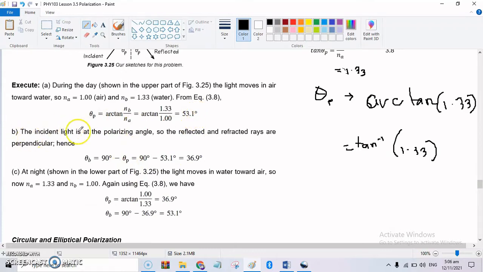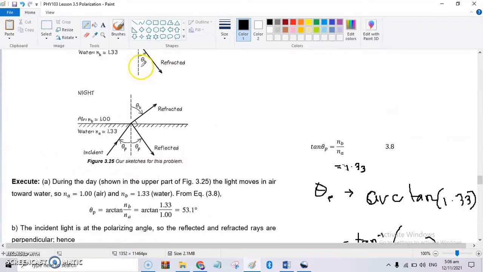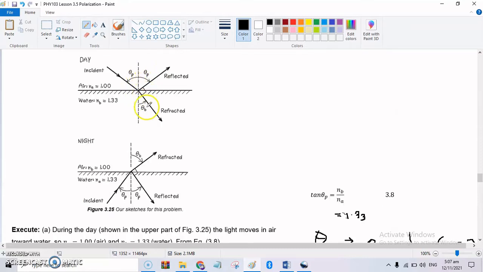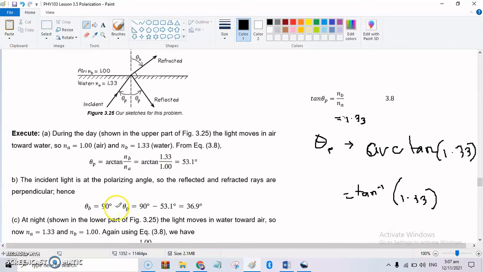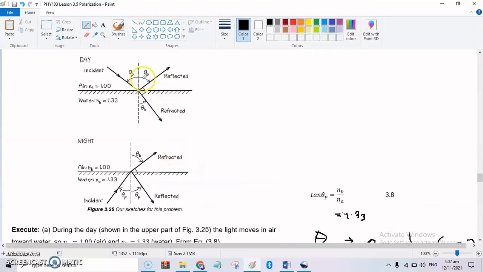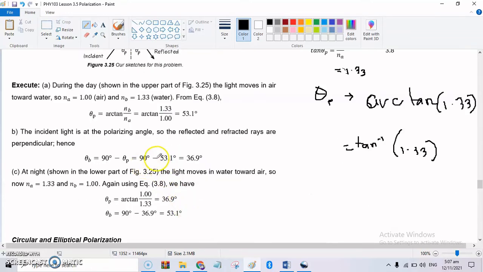The incident light is at the polarizing angle, so the reflected and refracted rays are perpendicular. The refracted angle theta b is equal to 90 degrees minus theta p, the reflected angle. So 90 minus 53.1 is 36.9 degrees.